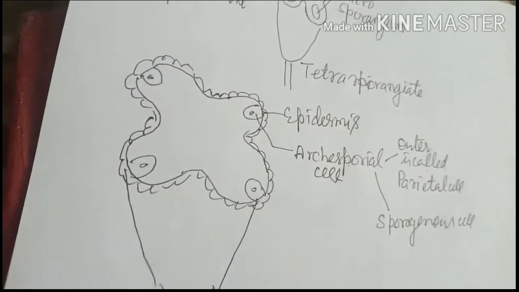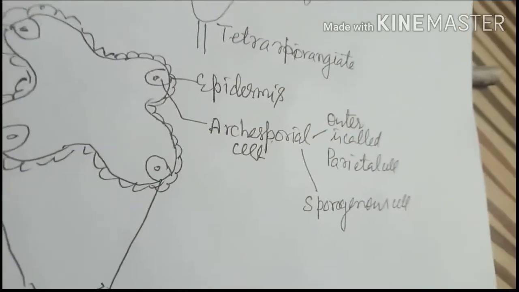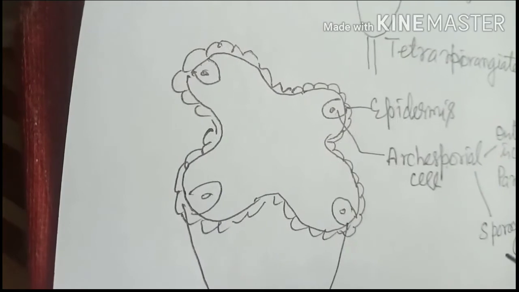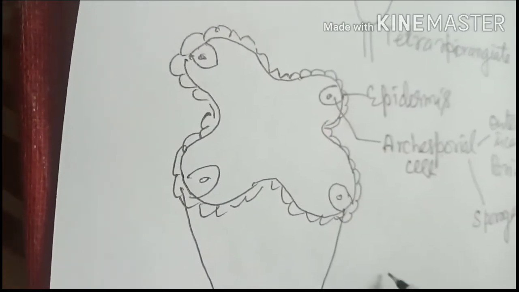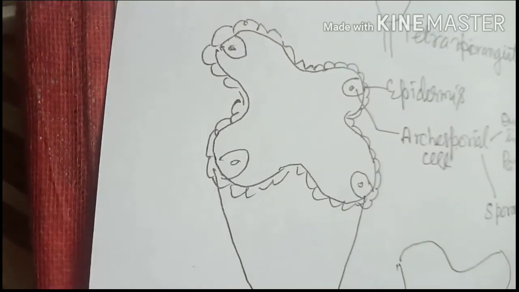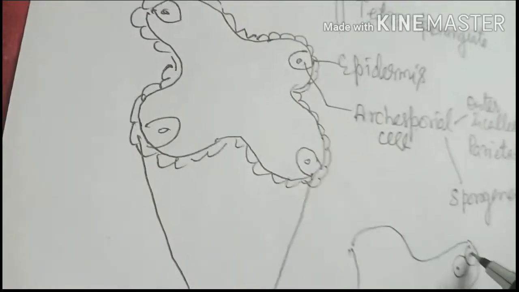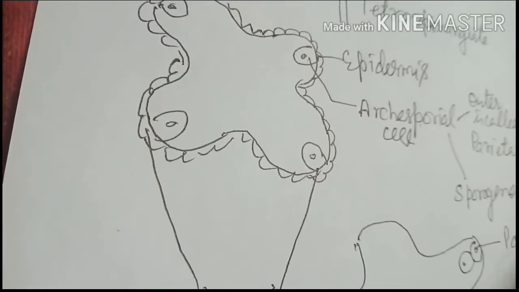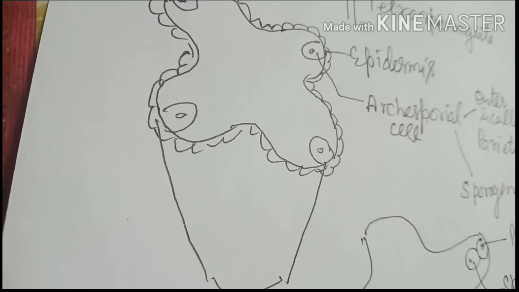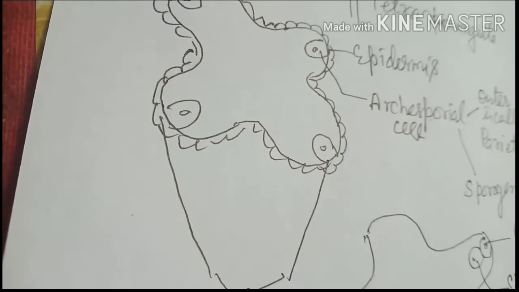This outer parietal cell undergoes periclinal and anticlinal division, and then this is the parietal cell and this one is the sporogenous cell.